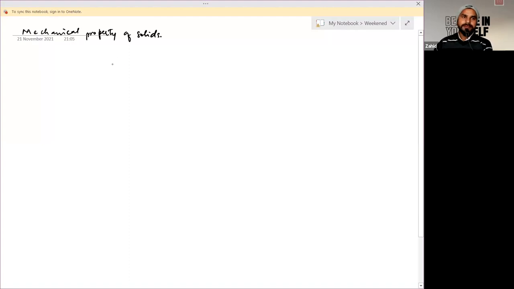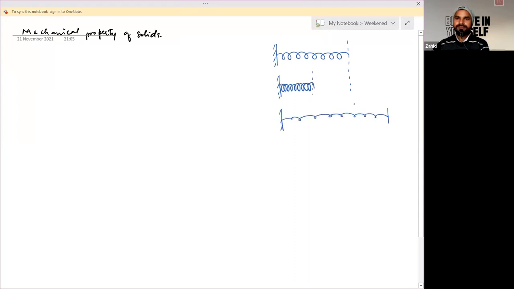I'm defining some properties. Suppose you have a support and there is a spring attached to it. The natural length of the spring would be of this length. If you compress it till this position, or extend it till this position, a force will develop in the spring which will tend to restore its actual length.